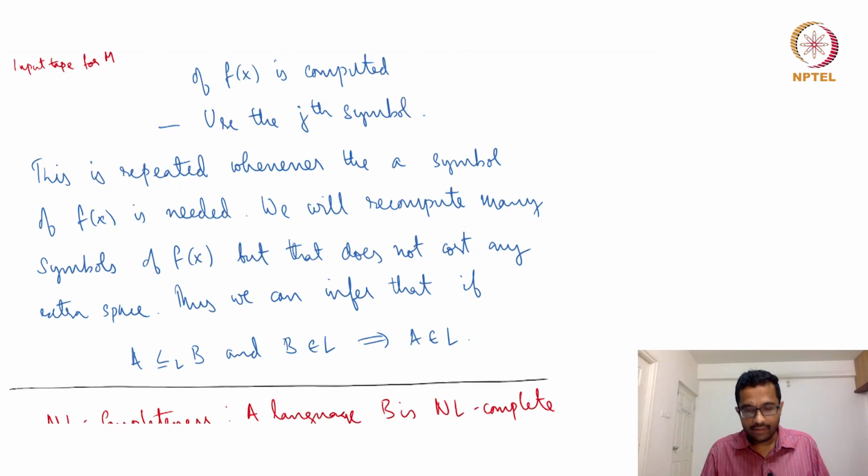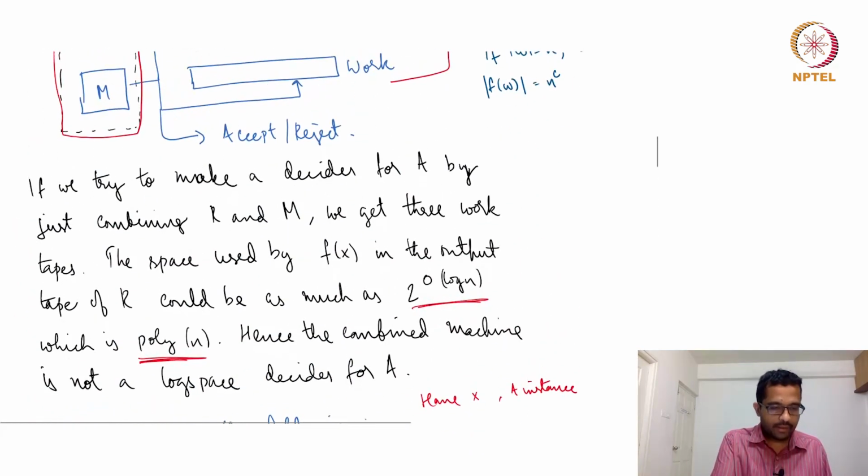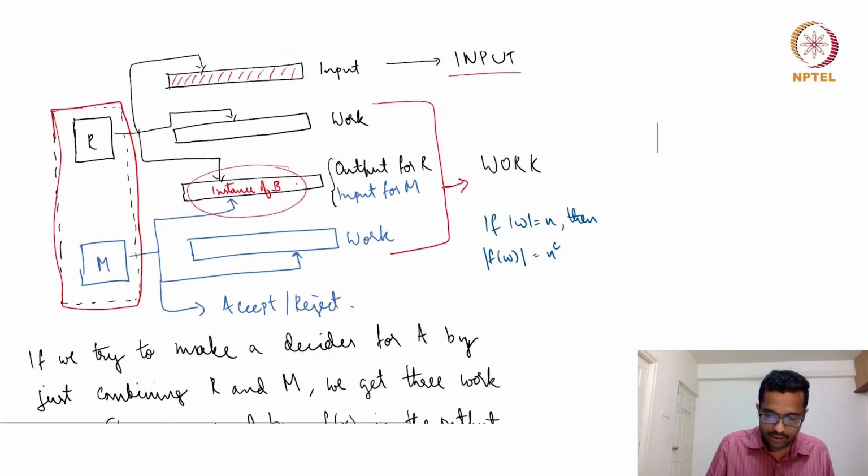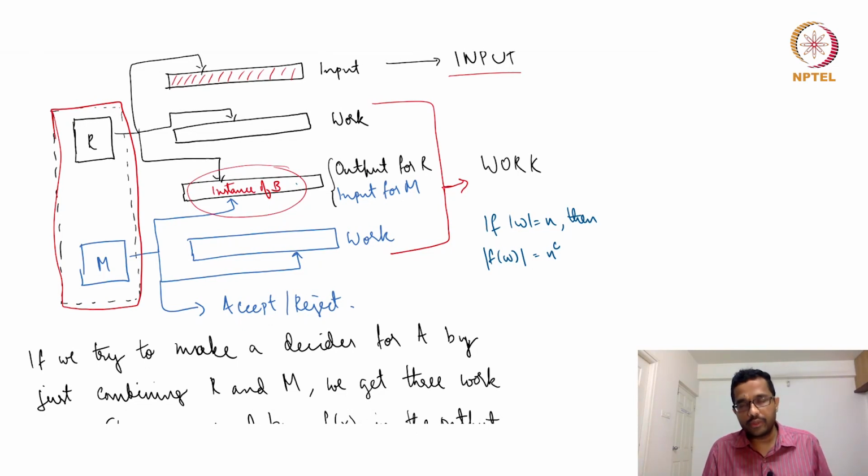So the problem in the earlier picture was that this output tape for R and input tape for M used to take a lot of space. Now we are avoiding that problem by just rerunning R as and when each symbol is required. So in a way we are sacrificing time, by rerunning again and again, for space.